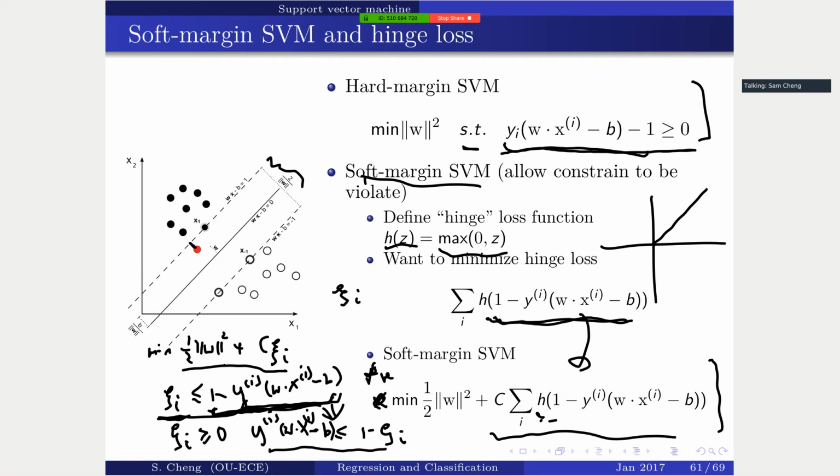My question here is, when the constraint is violated, that means that this is positive. What forced me not to still pick Ci equal to 0?